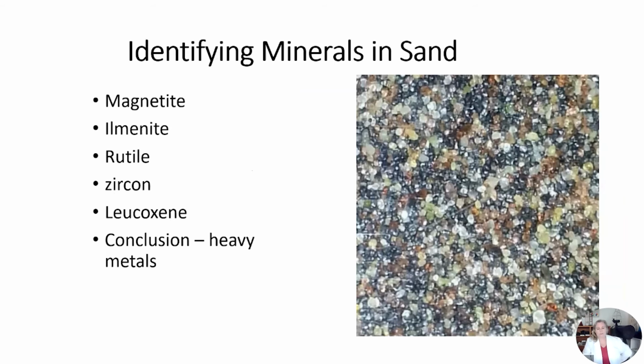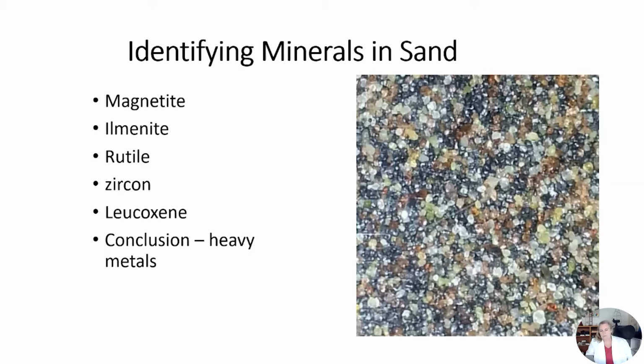All right, so if you just look at this picture of sand right in here, after you look at it and you learn some of the key characteristics that I just mentioned, you would be able to identify what is magnetite, all these different, the zircon.